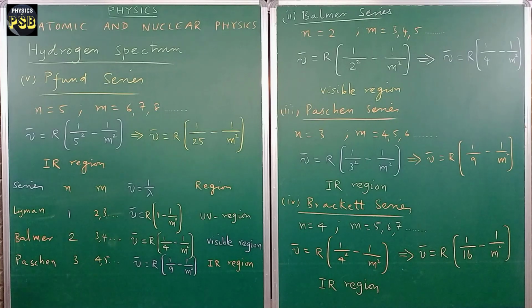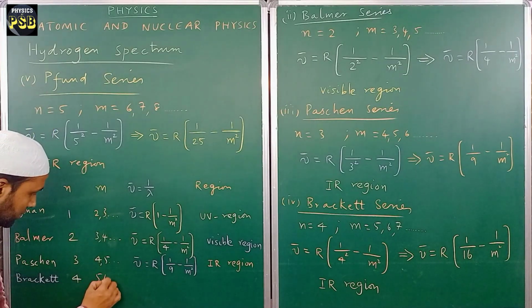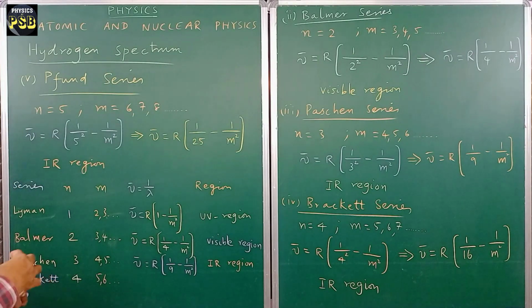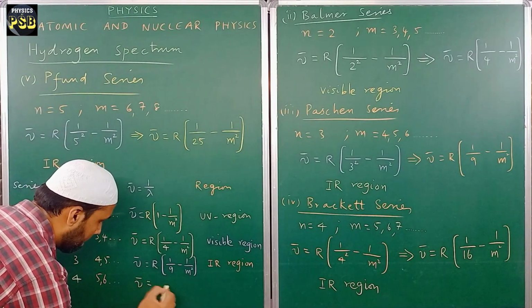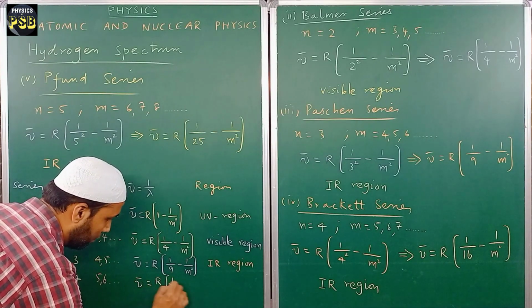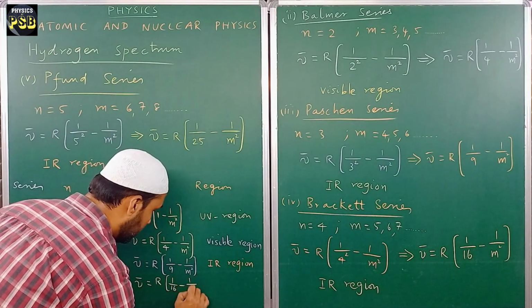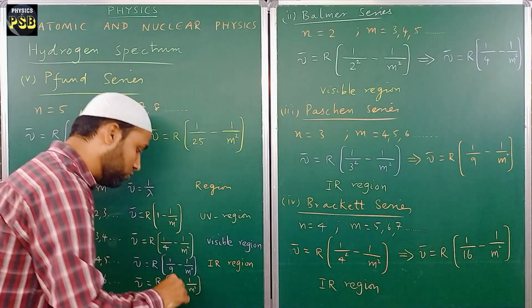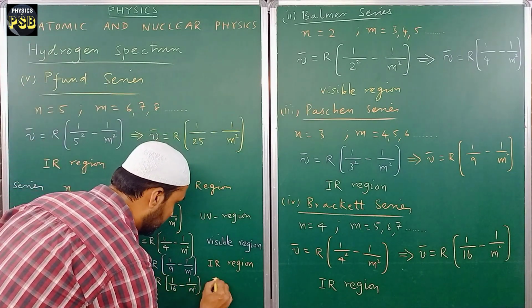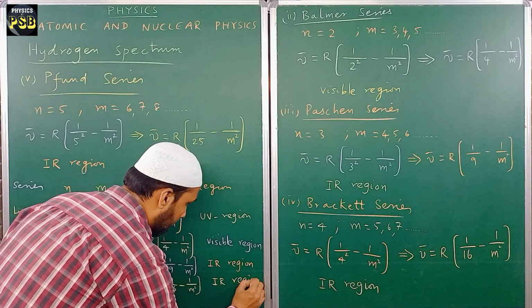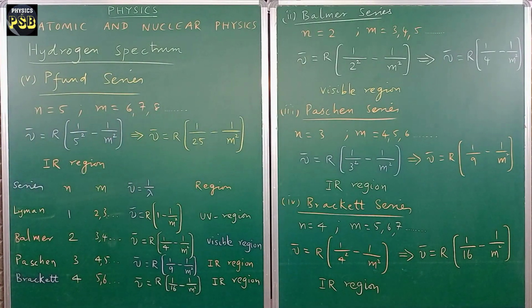Now the fourth one is the Brackett series. Here the value of n is taken as 4, and the value of m is taken as 5, 6, and so on. The wave number is represented as R multiplied with 1 upon 16 minus 1 upon m square. And this also falls under the infrared region, IR region. The last one is Pfund series.